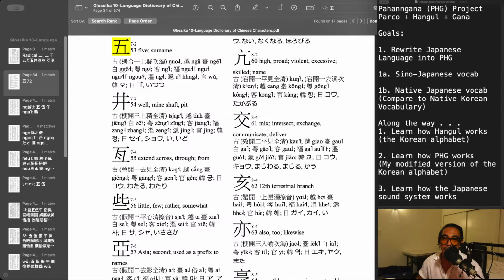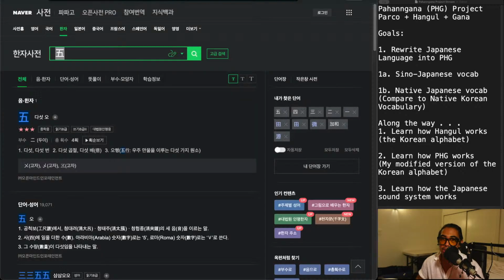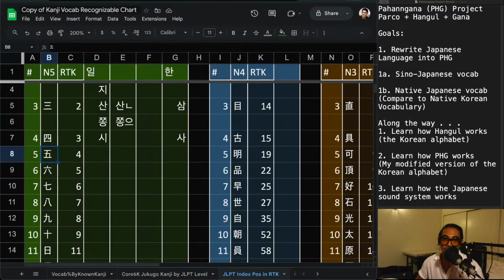So let us go back to the sheet. And how are we going to write this? Pretty simple. We're going to just write go. Oh, what happened to my go? Go and o. All right, awesome.